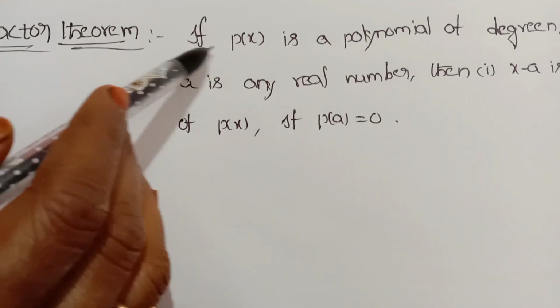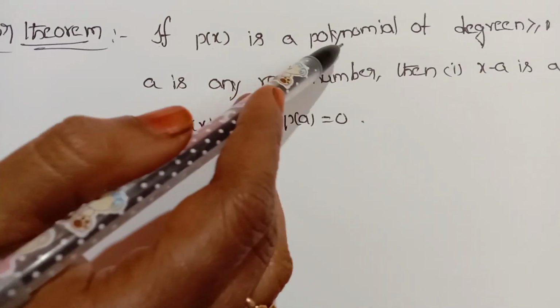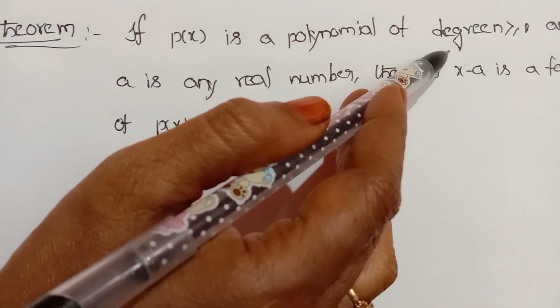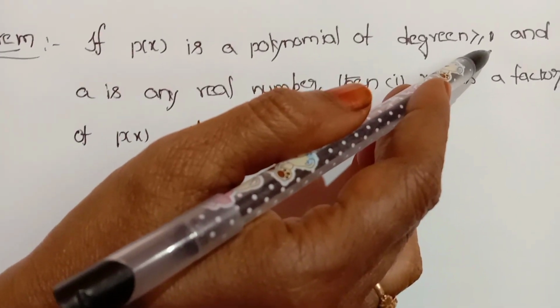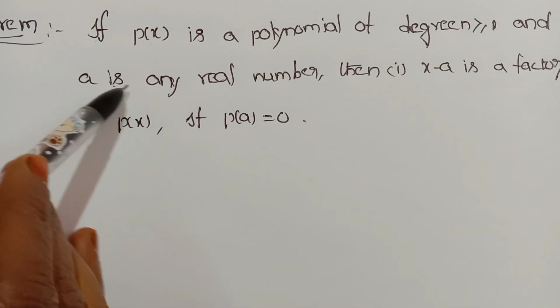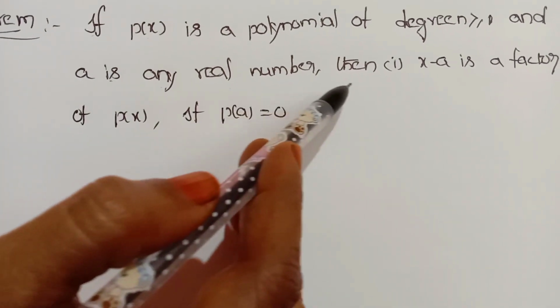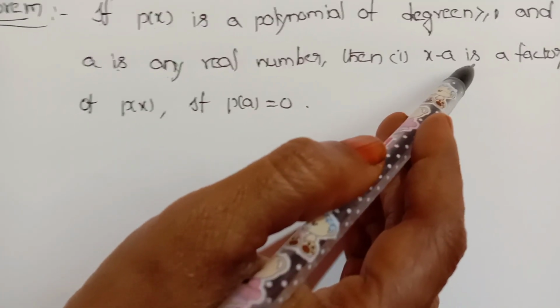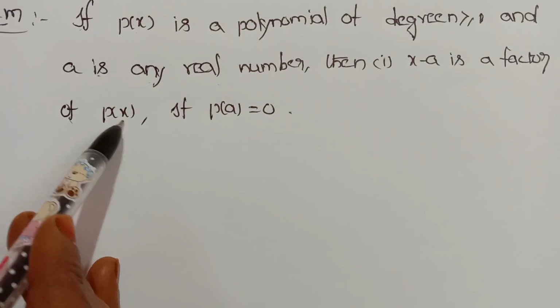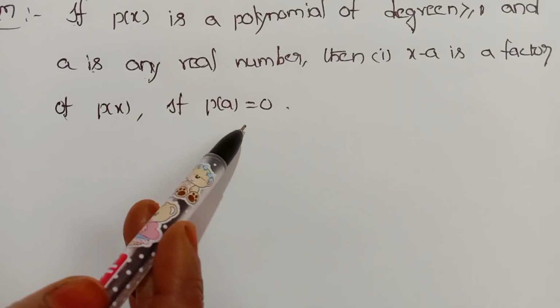Theorem: if p of x is a polynomial of degree n greater than or equal to 1 and a is any real number, then x minus a is a factor of p of x if p of a is equal to 0.